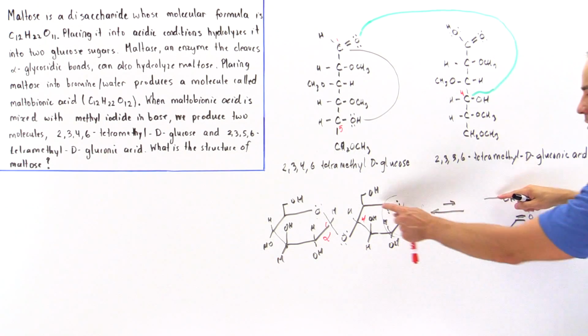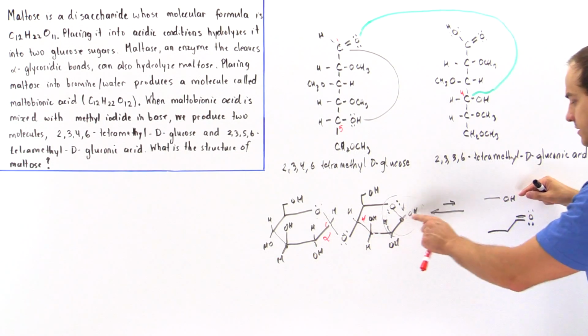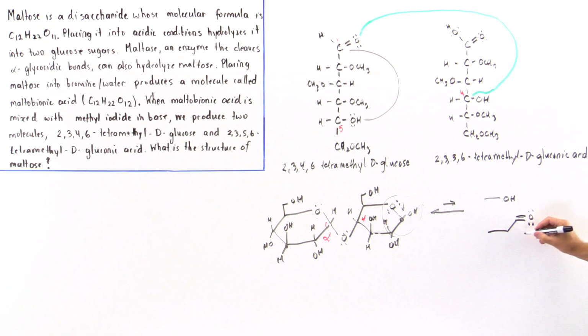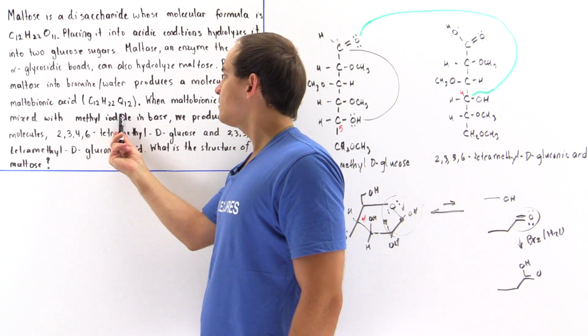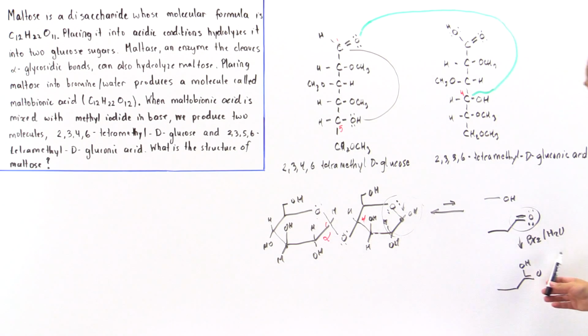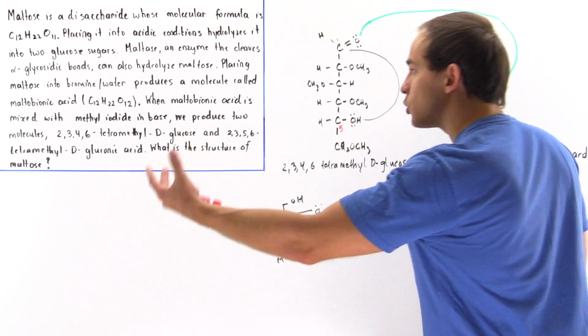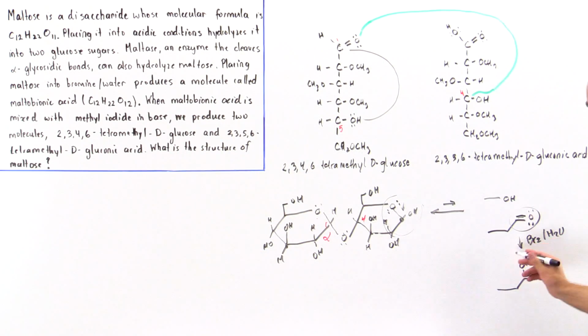You can imagine that this bond is this bond here, and this section is this section here. Now, if we place bromine in the presence of water, this aldehyde is transformed into a carboxylic acid, which looks something like this. So we have one more additional oxygen atom on this molecular formula, and so that's why we have the additional oxygen atom here.